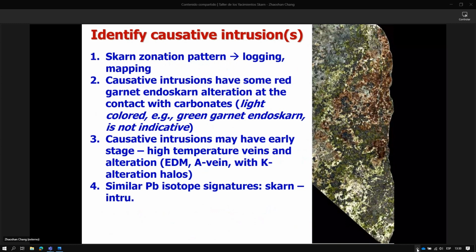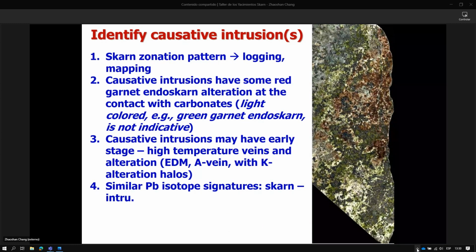Number two is not as reliable as number one. Number two is typically that the causative intrusion has red garnet, so you look for the red, at the contact with the porphyry. If there's contact with a toxic intrusion, it may not have it. Light colored ones, green garnet skarn, are not indicative.